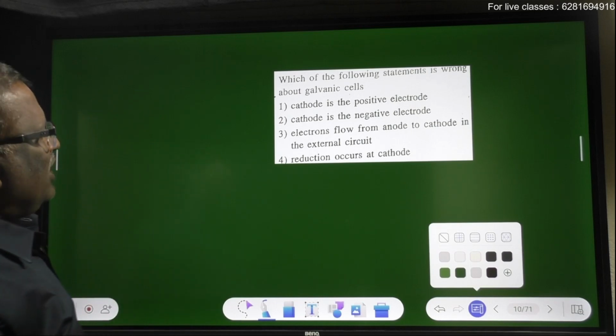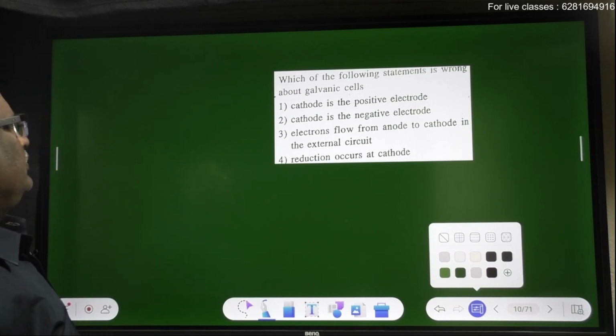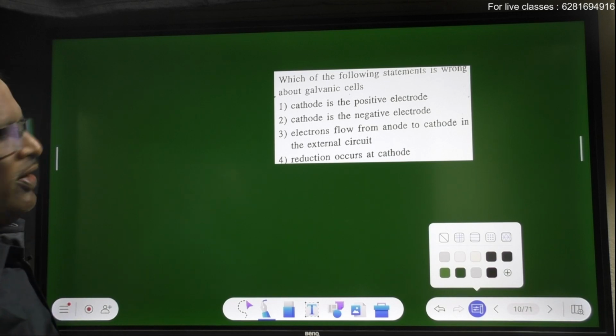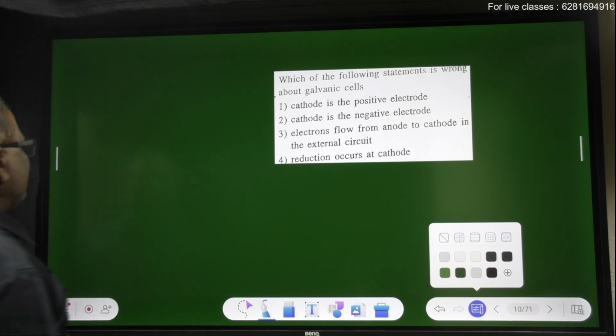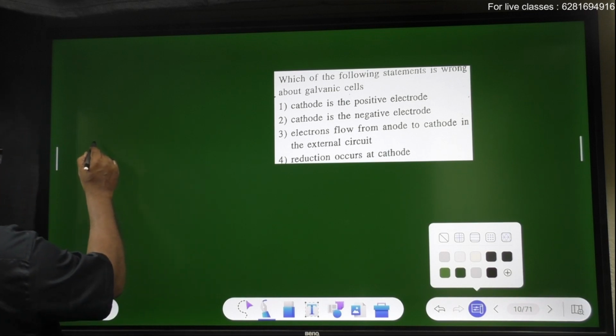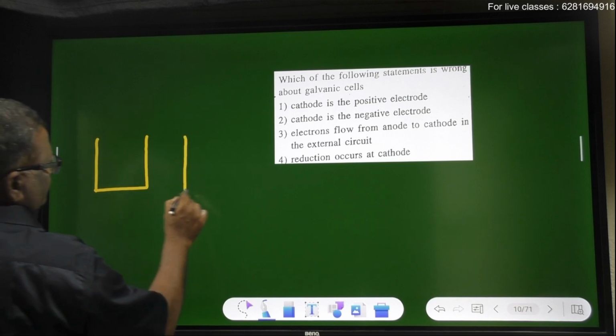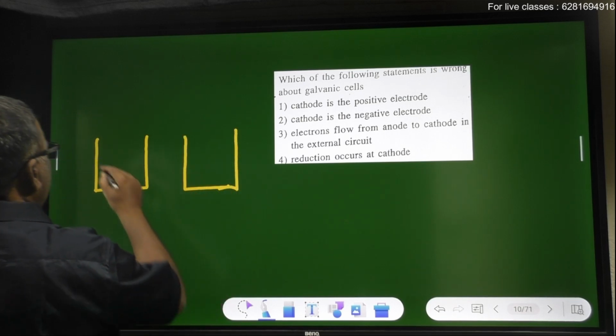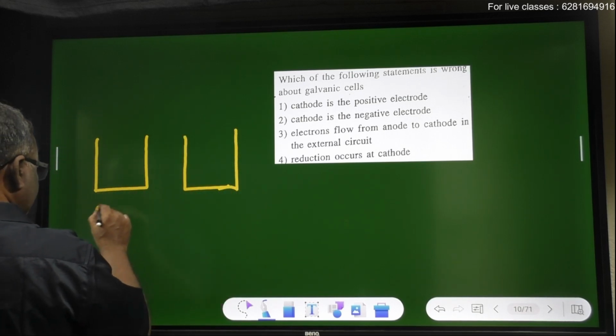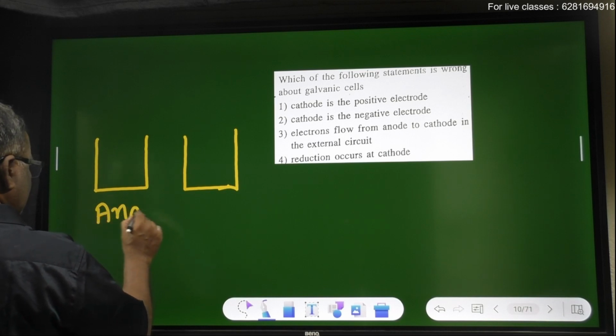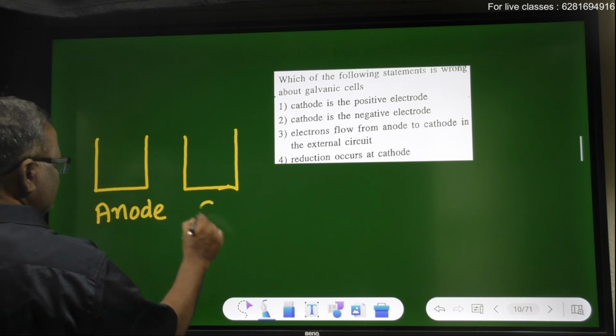Next, which of the following statements is wrong? For a galvanic cell, we have two half cells. One is the anode, the other one is the cathode.